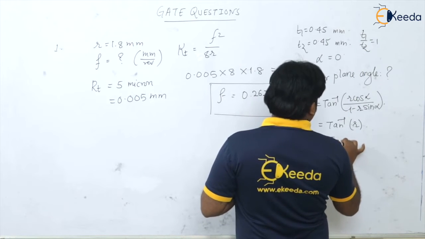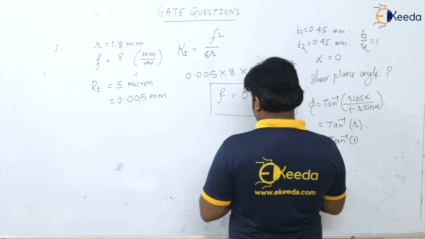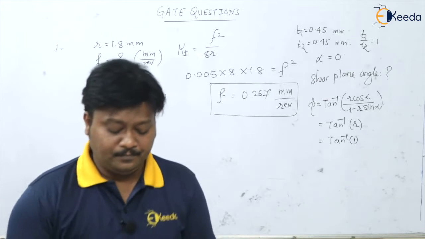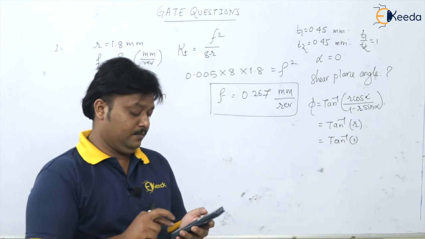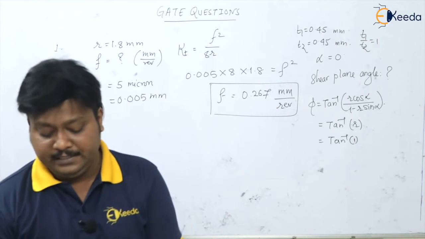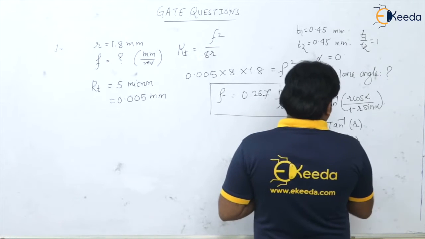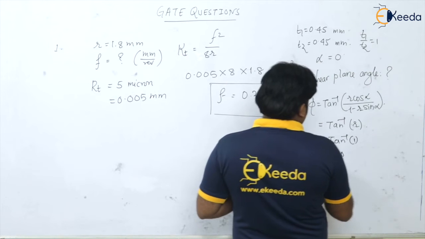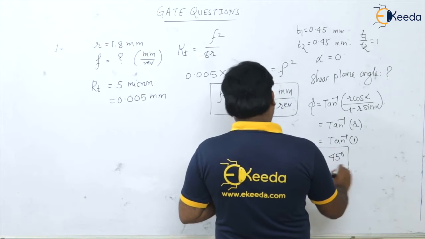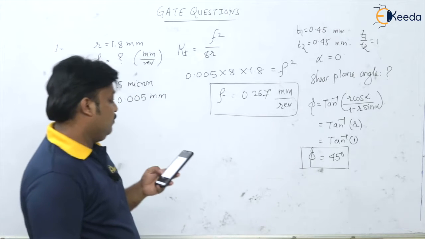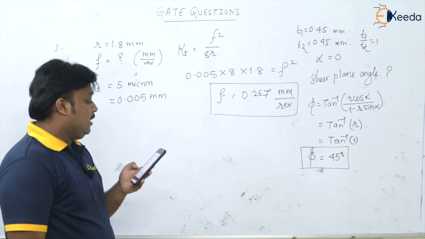So tan inverse of 1, how much? Calculate. It is 45 degree. So phi is equal to 45 degree. Options are 45, 30, 18 and 60. So correct answer is 45 degree.